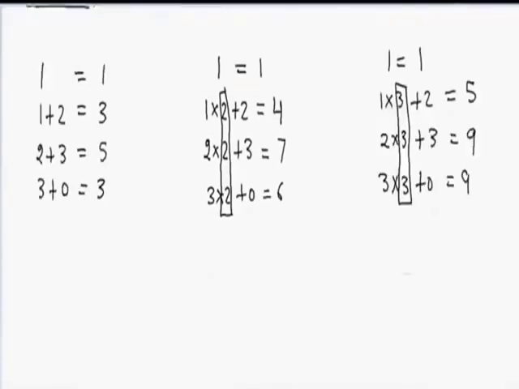So let's do another example. If I have 1, 2, 3, 1, I have to multiply by 11.